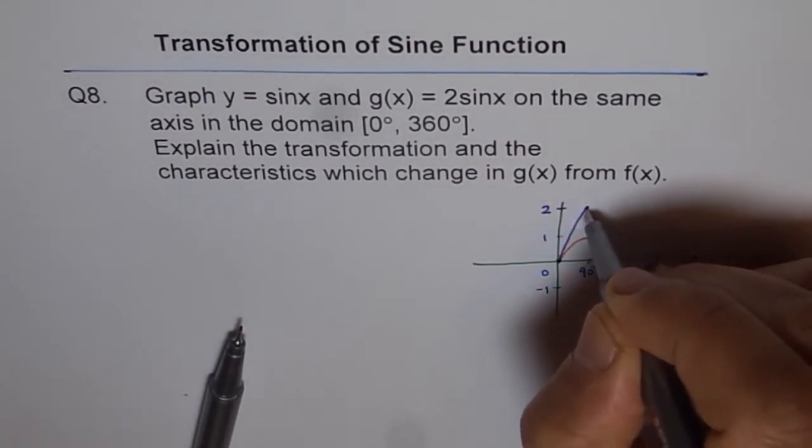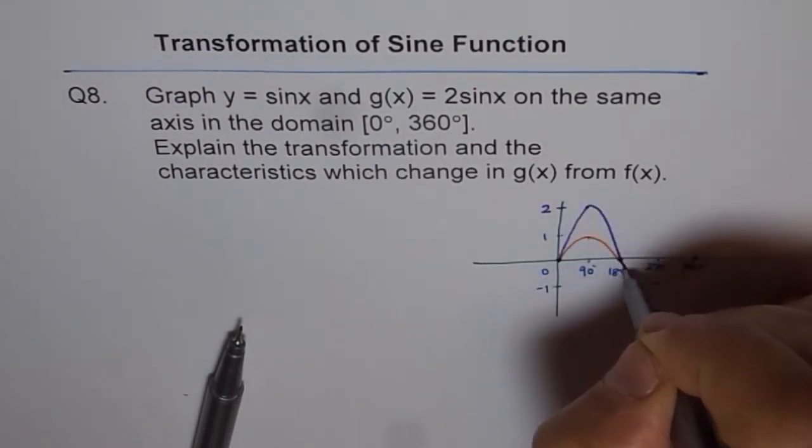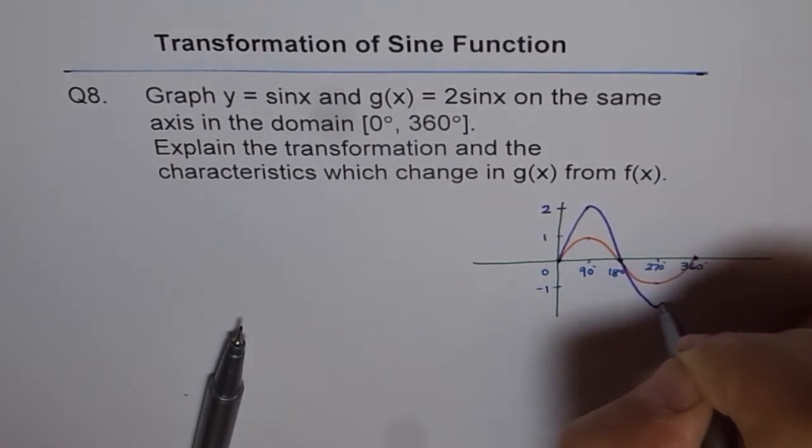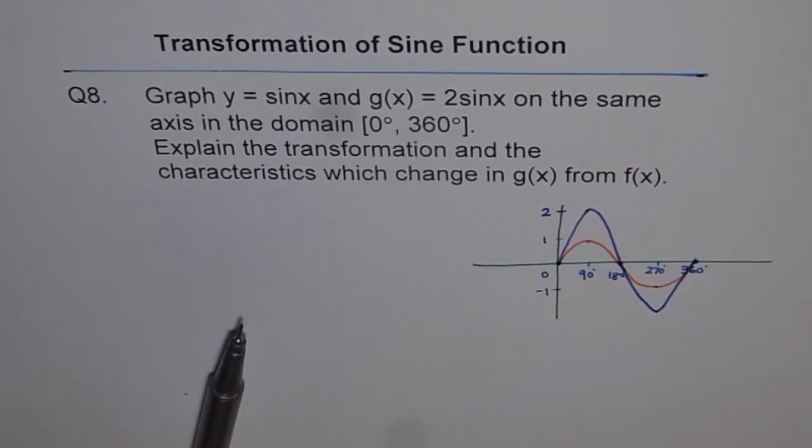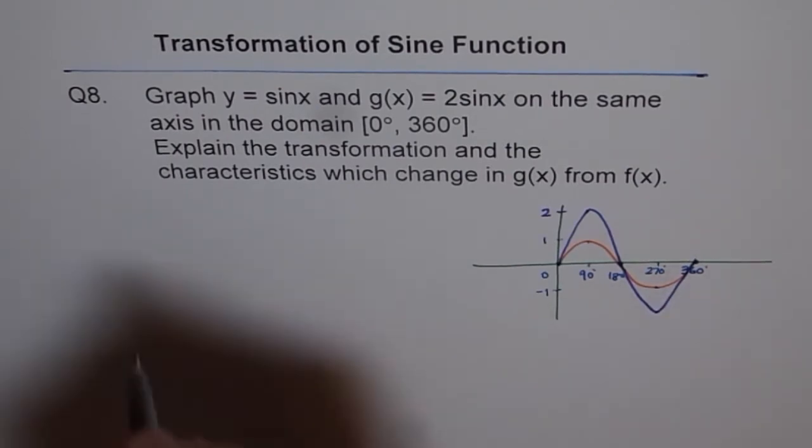You see this sine graph? It gets vertically stretched by a factor of 2. So that is the main transformation which takes place here.